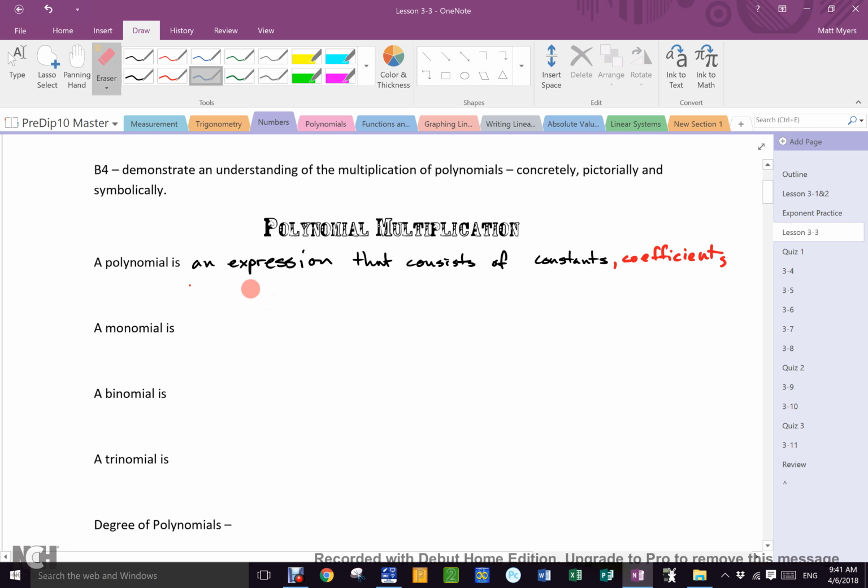Now it's supposed to be blue. Variables, forgot the A. Variables. In some combination.